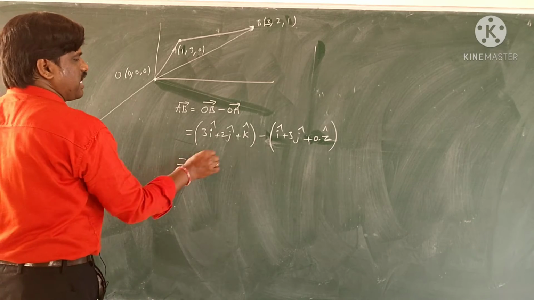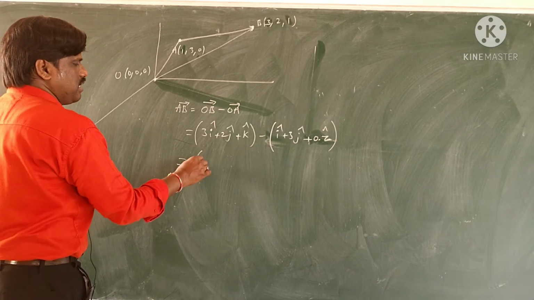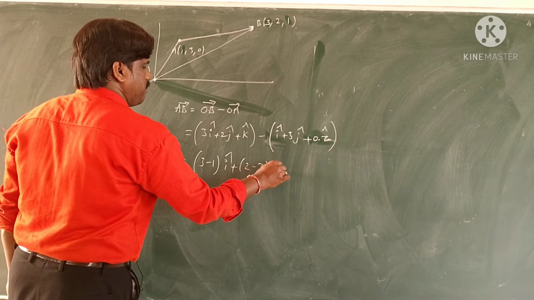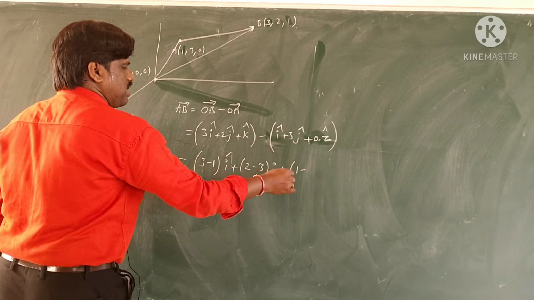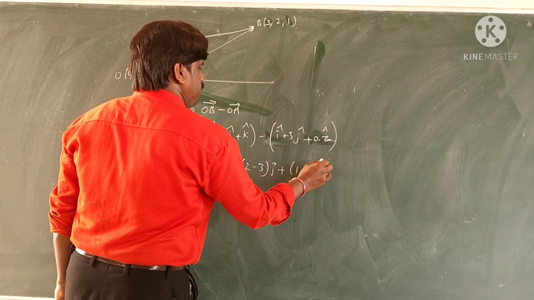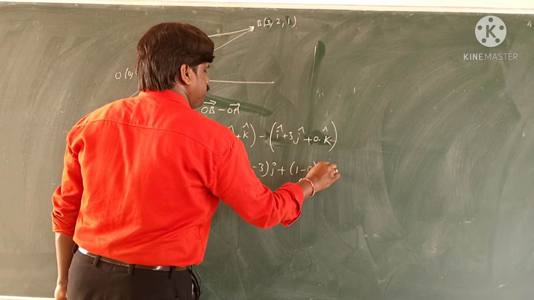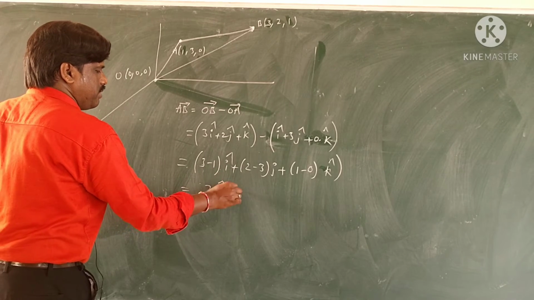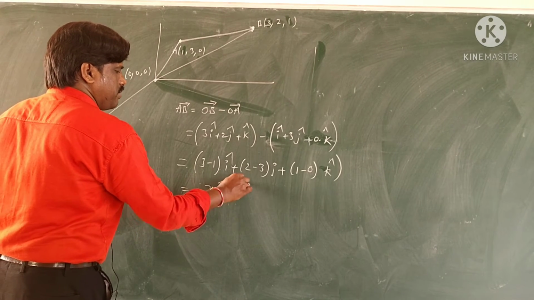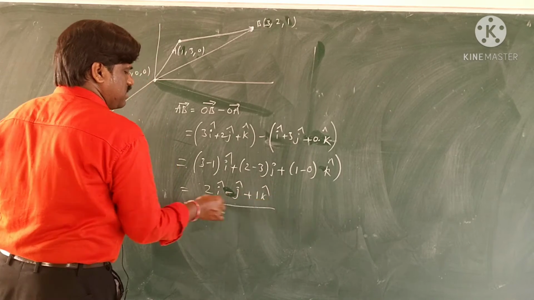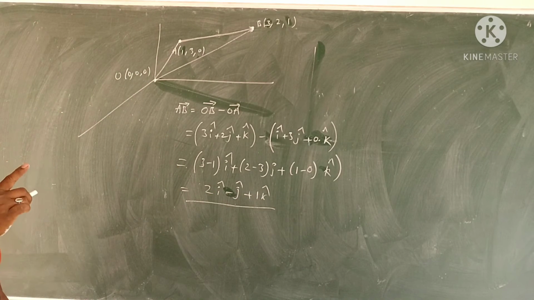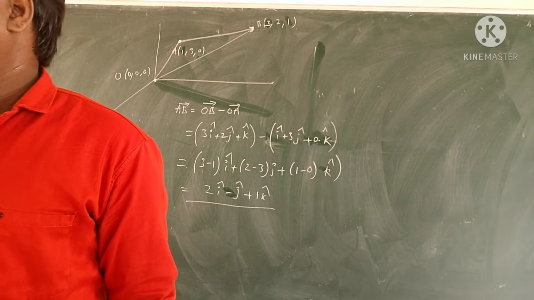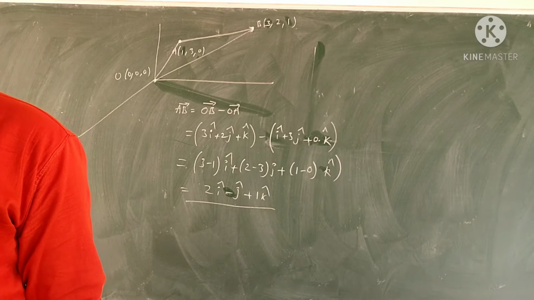So the vector AB will become (3 minus 1) i cap plus (2 minus 3) j cap plus (1 minus 0) k cap. So here we get 2 i cap minus j cap plus 1 k cap. This is the vector. When 2 points are given, we write the vector in this way. Understood what I said?